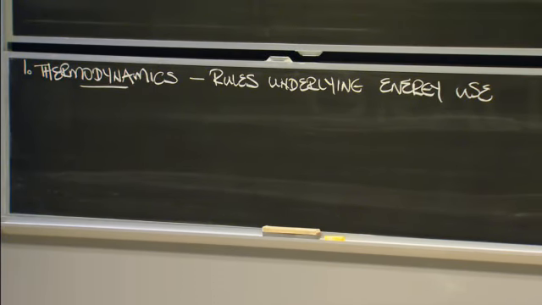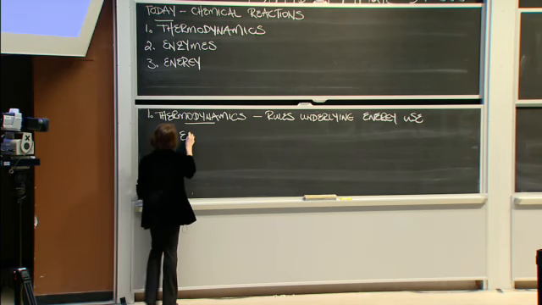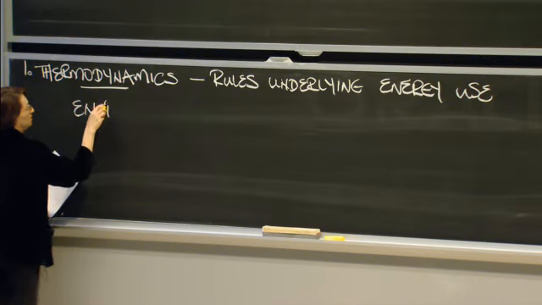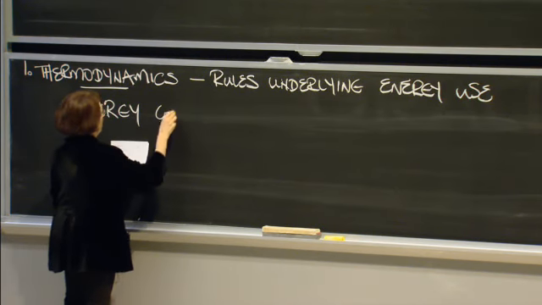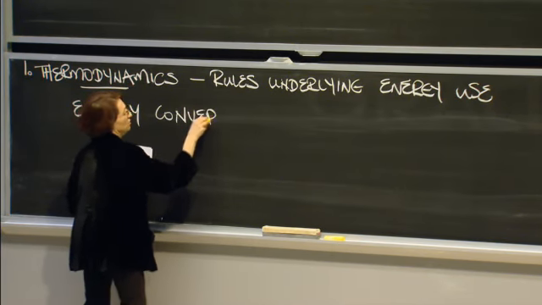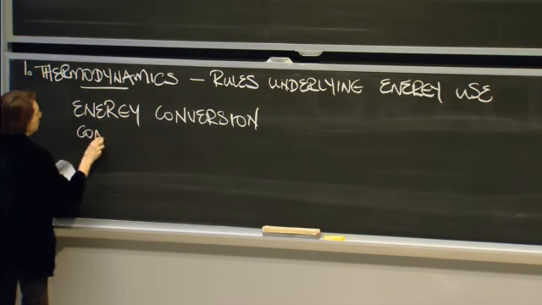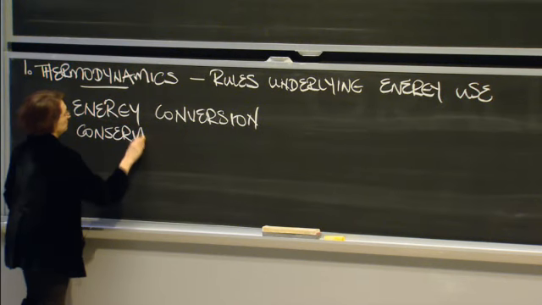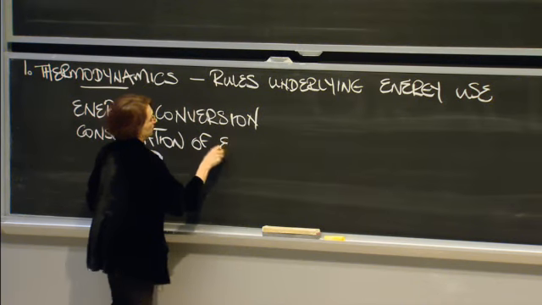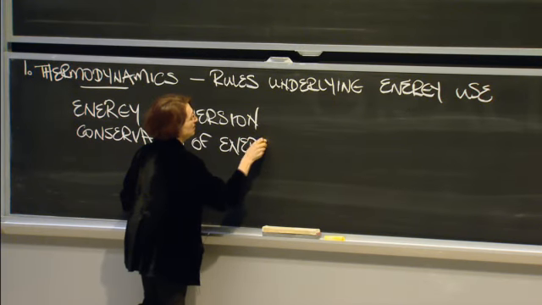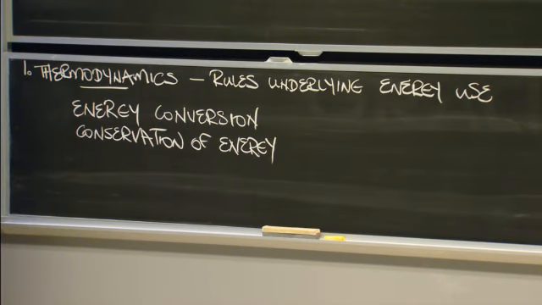And really, it's the first law of thermodynamics that we're interested in. We're interested in the fact that energy is neither created nor destroyed, that it is converted from one form to another, and that there is conservation of energy. And the other laws are embedded in what we'll talk about, but these are the ones that are really important for biochemistry.